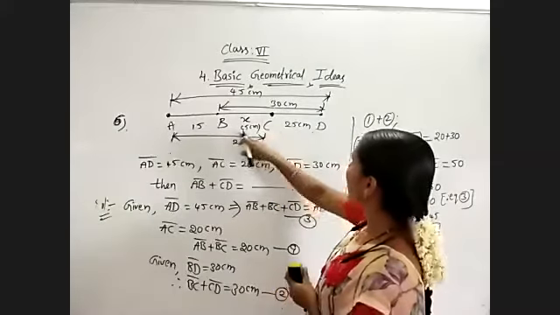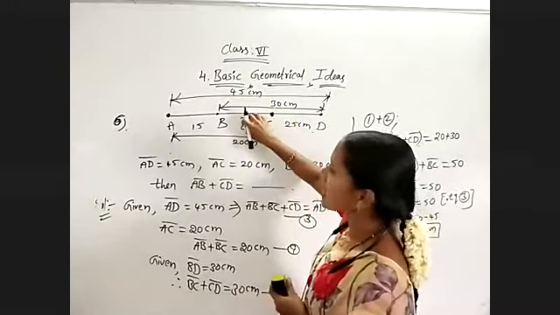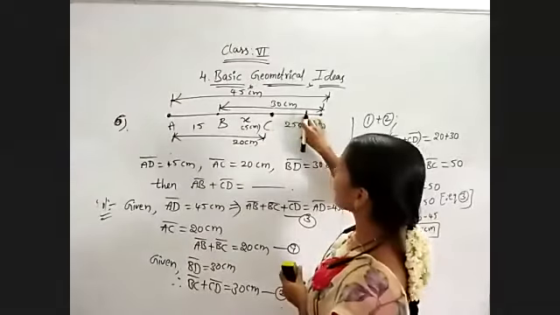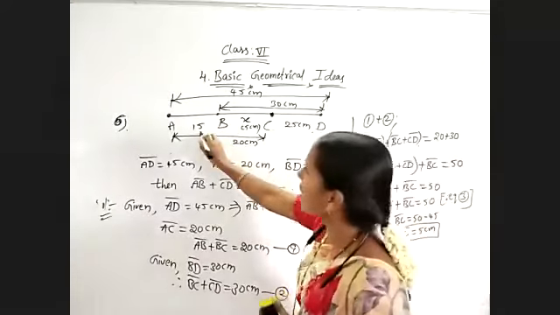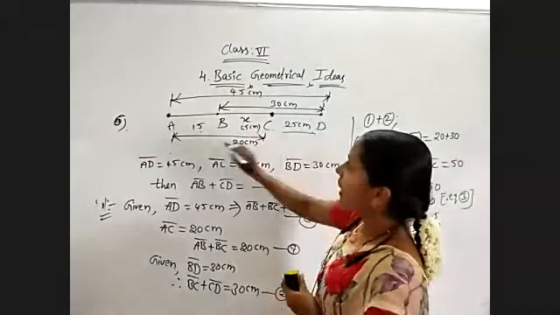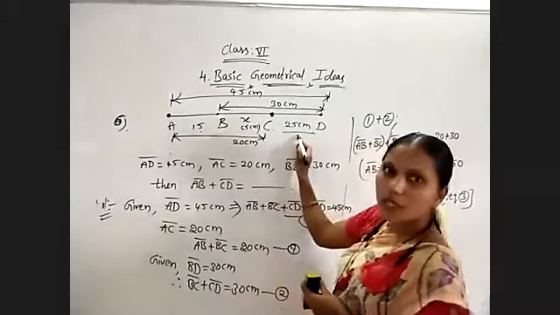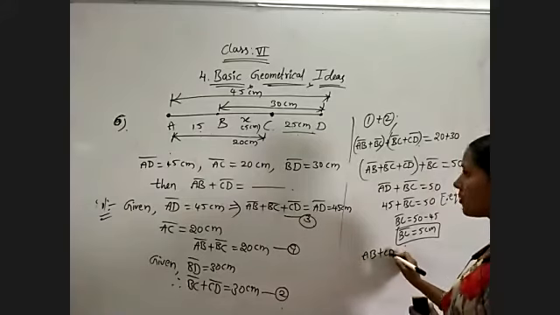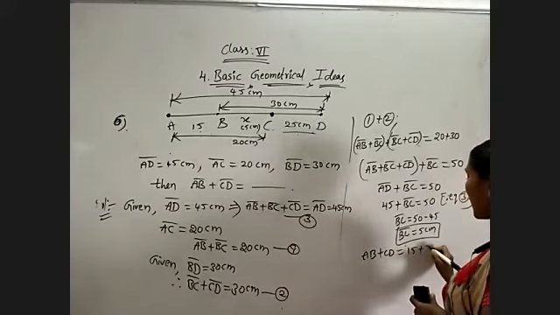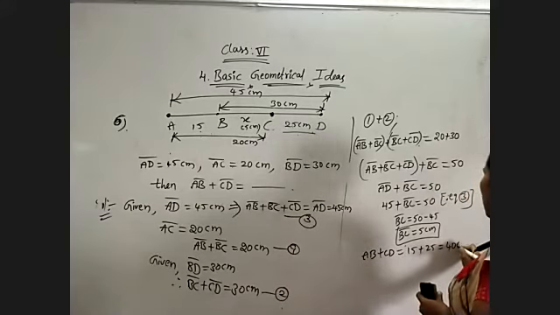And here BD total length is 30. BC is 5, so the remaining CD length will be 30 minus 5, which is 25. Now they are asking AB plus CD. AB is 15, CD is 25. So AB plus CD is equal to 15 plus 25, which is equal to 40 centimeters.